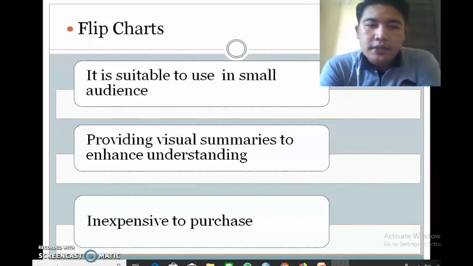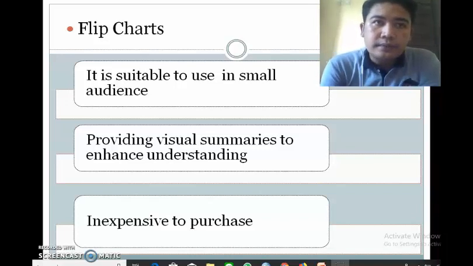and then providing visual summaries to enhance understanding. The flip chart will contain the material with a visual that illustrate what the material is about. So with this flip chart, the audience will easily understand by imagine what the presenter tell the audience by using the flip chart that containing a visual of the material.